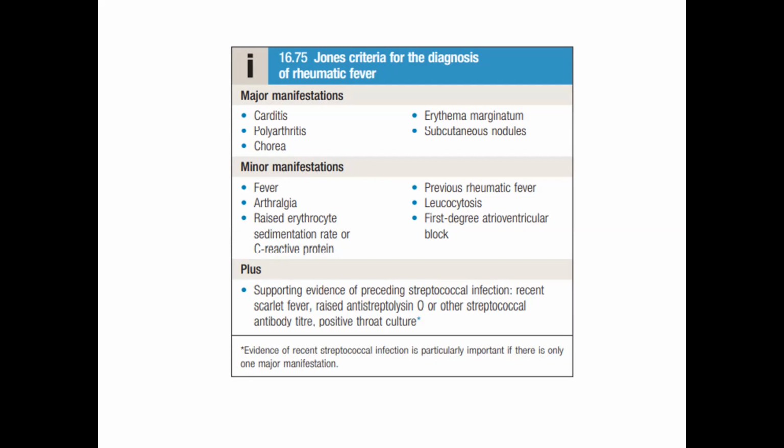Minor manifestations include fever, arthralgia, raised ESR or raised CRP, previous rheumatic fever, leukocytosis, and first degree atrioventricular block. Supporting evidence of preceding streptococcal infection, recent scarlet fever, etc. So this is Jones criteria: one major manifestation and two minor manifestations.